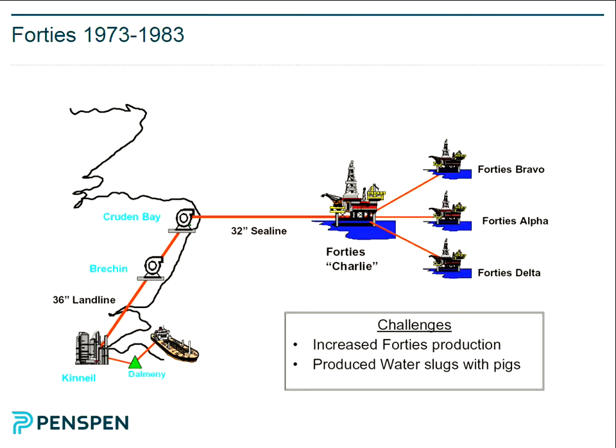So challenges there were increasing Forties production, and producing water, and produced water slugs with pigs, basically getting water out of the line, because that obviously creates corrosion issues potentially.